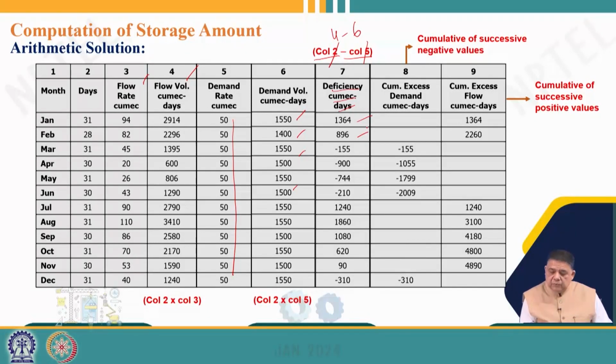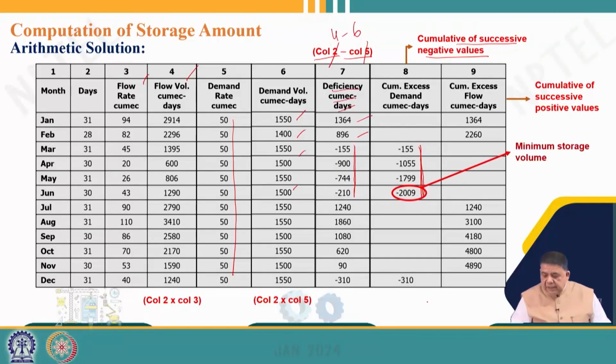And then what we do, we take the cumulative of successive negative values, that is where the deficiency is there. These are the 4 months where negative values or deficiency are there. So, we get the cumulative excess demand during this period, and of course, we have cumulative excess flow also for the period other than this.